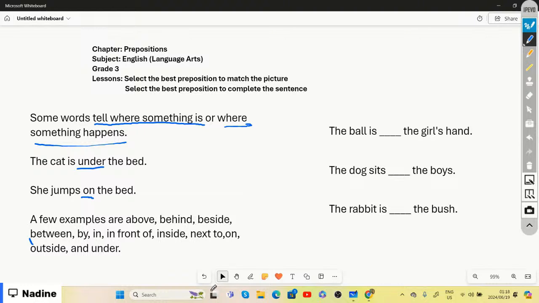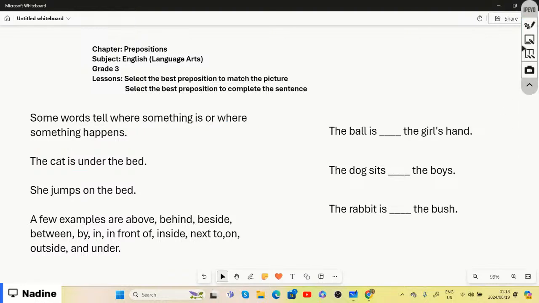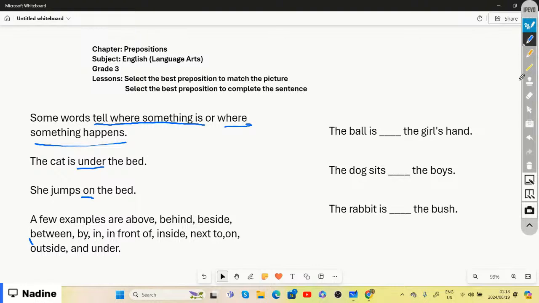All right, so we would say the ball is in her hand, because remember, a ball is in your hand, right?